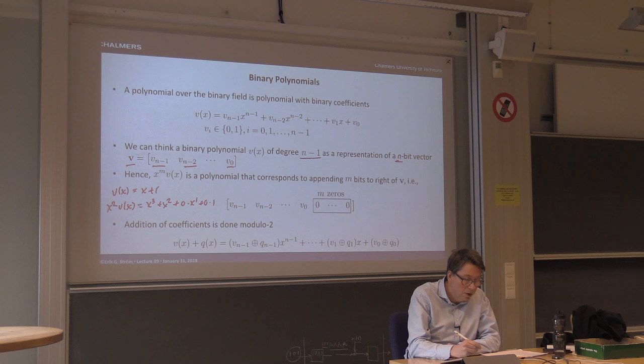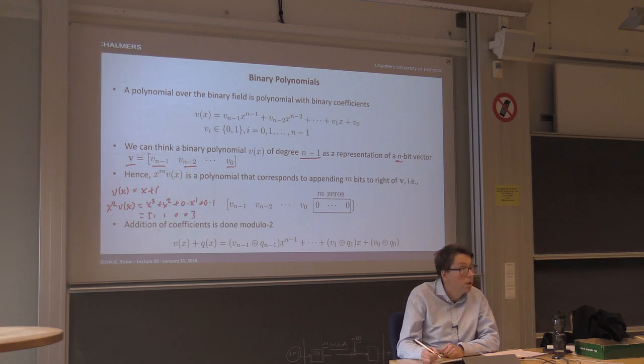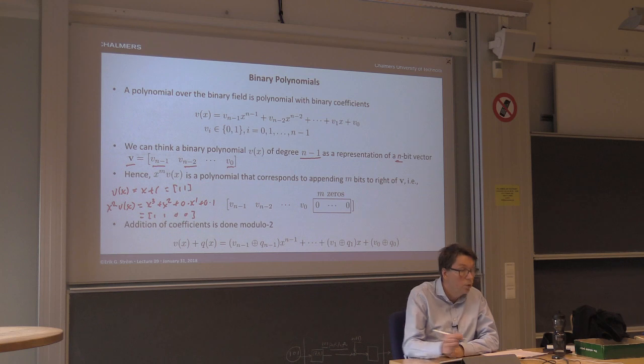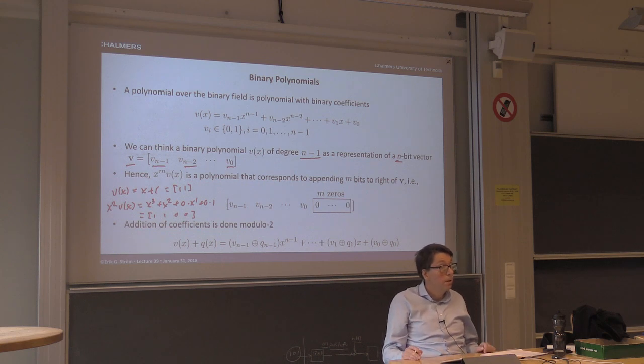So we can think of this as being the binary sequence 1, 1, 0, 0, like this. Okay, so we stick the zeros to the right. This is corresponding to the 2-bit sequence 1, 1. Was that fairly clear? Okay.